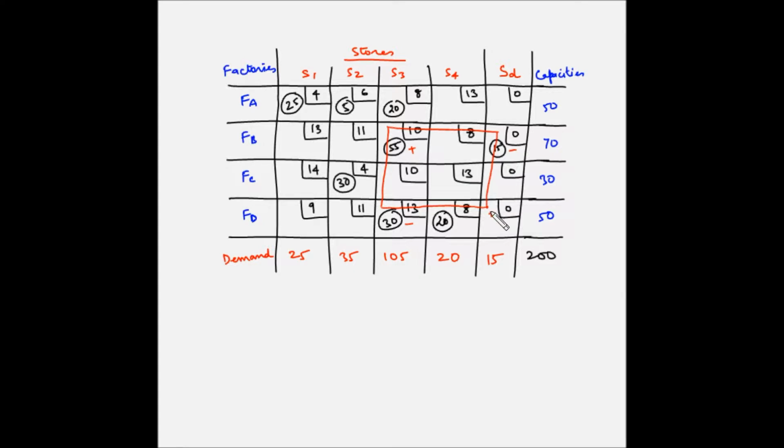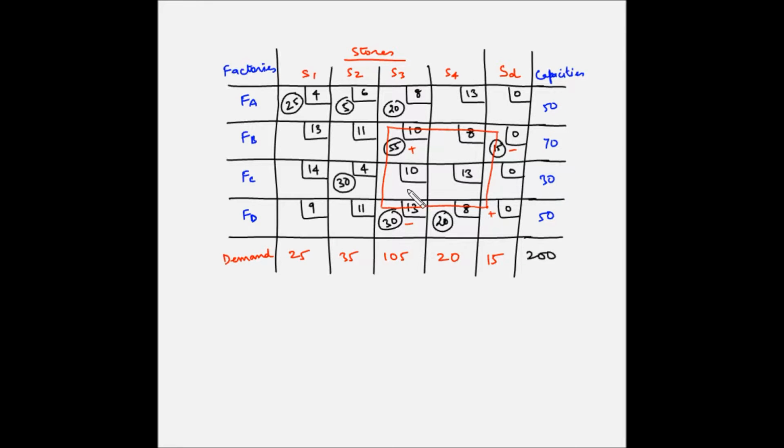And of course, why we are doing this is because we want to make an allocation to this square FDSD because it had a negative net cost change, meaning that if we make allocation to this cell, then our overall transportation cost will reduce. And by putting the alternate positive and negative signs, we are ensuring that if we make allocation to FDSD, the remaining supply and demand constraints are not violated.